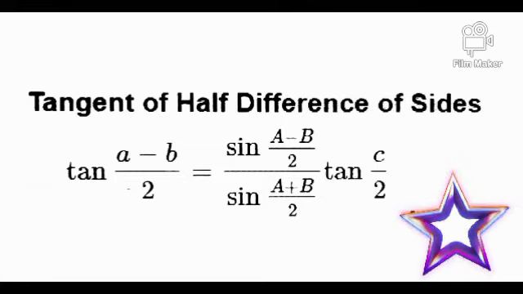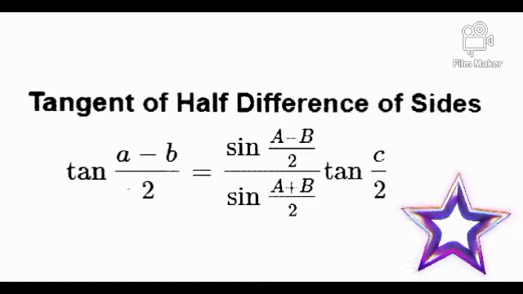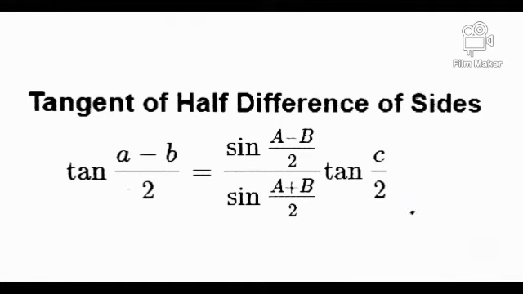Hence, by the tangent of half the difference of sides, if we are considering the sides small a and small b, the tangent of half their difference, a minus b over 2, is equal to the ratio of the sine of half the difference of the angles opposite the sides small a and small b, which are angles capital A and capital B, and the sine of half the sum of the two angles opposite the sides small a and small b, again denoted by capital A and capital B, multiplied by tangent of half the third side, which is small c.